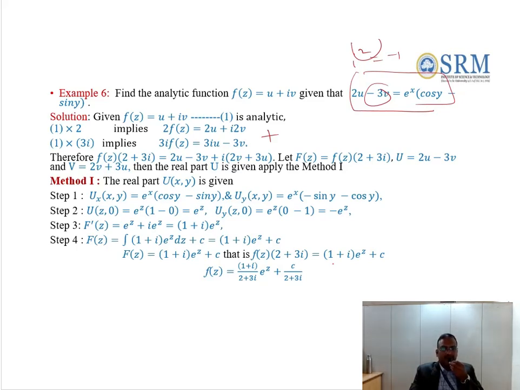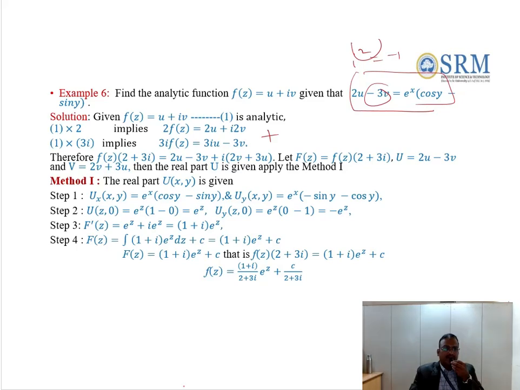That's all. Then apply the corresponding Milne-Thomson method. So luckily, if you multiply f of z by 2 and then again by 3i and add it up, which gives capital F of z, and then which gives capital U. Therefore we apply the Milne-Thomson first method.